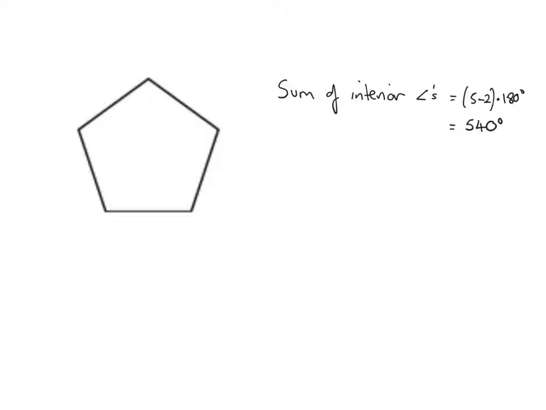Now, if it's a regular pentagon, i.e. every side is equal length, then we will have 5 equal angles. Every angle is the same, and therefore one interior angle equals 540 divided by 5, which is 108 degrees.